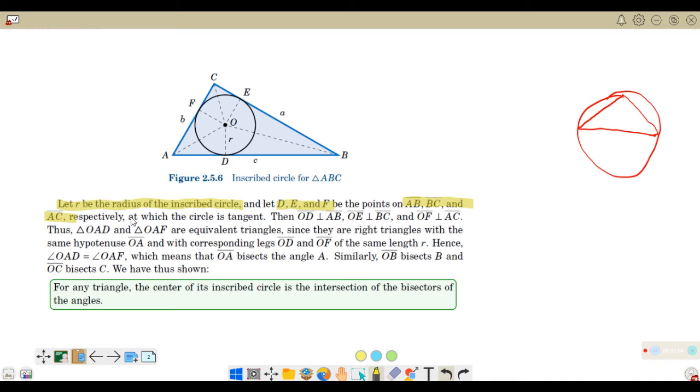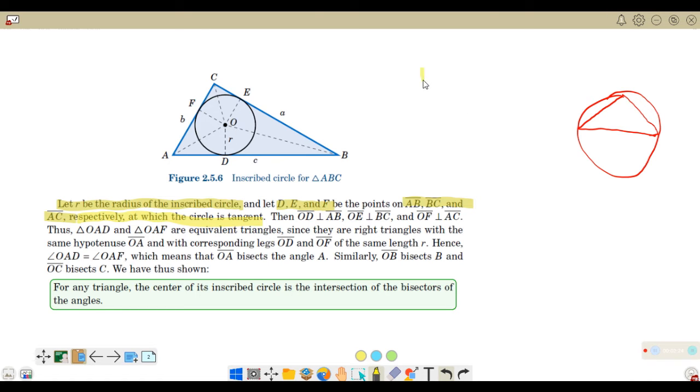And they are actually tangent. So these points are the points of tangency of the circle and the triangle. They are the points where the side of the triangle and the circle meet.